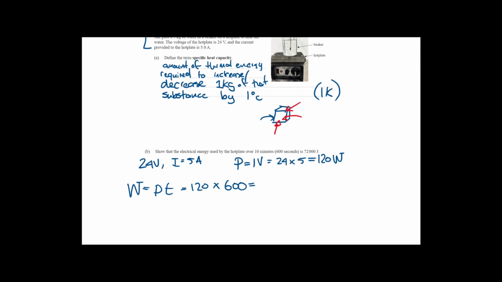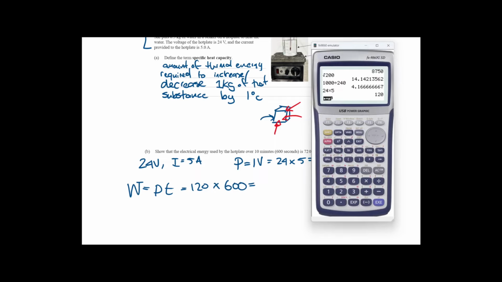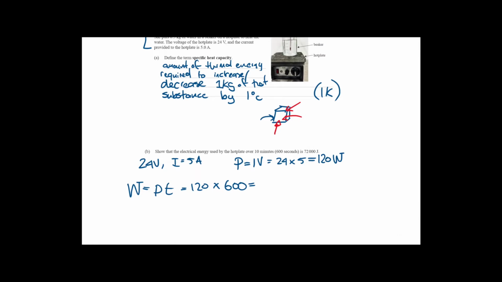And my bet is that if we multiply these out, it's going to be 72,000. So 120 times 600 is 72,000. So 72,000 is in work and energy, so it's going to be in joules. That's how you can answer that. It's just really an algebra question, knowing what the letters mean.